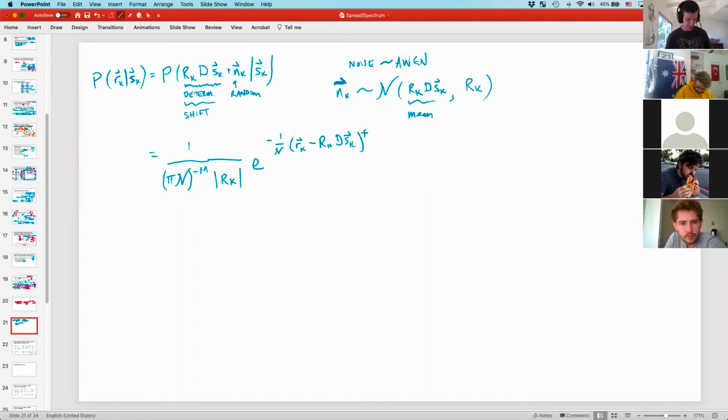So it's a column, now it'll be a row, times the covariance matrix inverse times the same vector again, but now with no transpose. Okay, so this is simply the joint distribution function of this noise vector n_k that has been shifted by the mean value that we have up there.